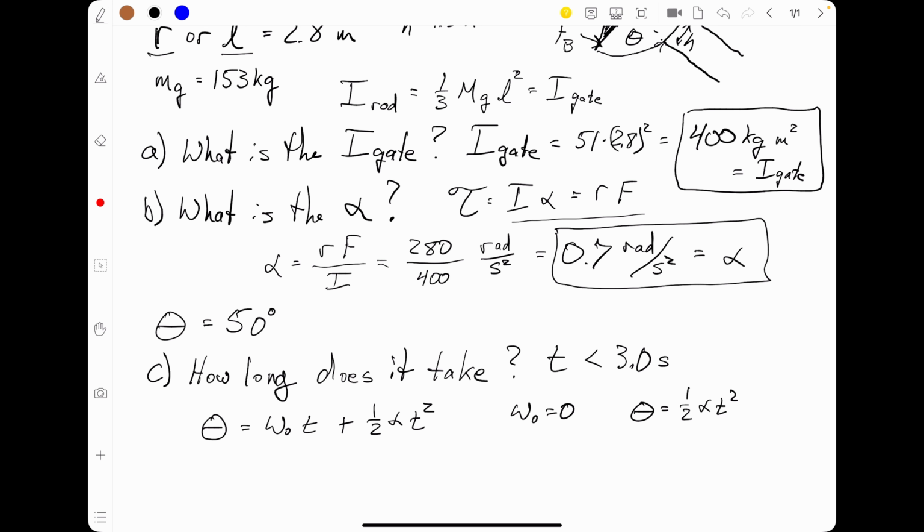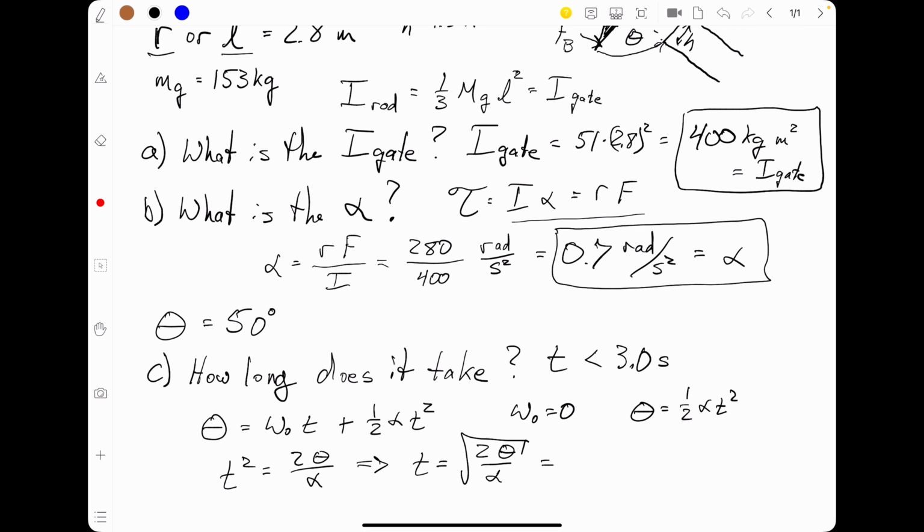So not terrible. We can figure out t squared is equal to 2 theta over alpha. And we can take the square root of all of that. So t is equal to the square root of 2 theta over alpha.